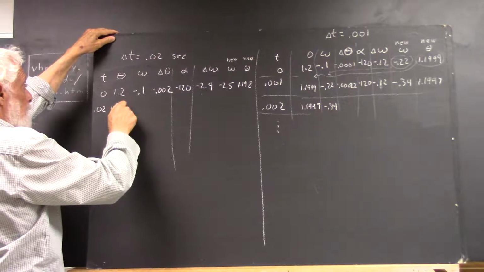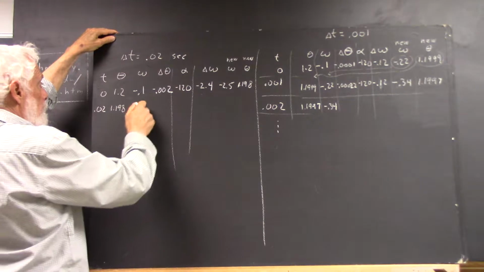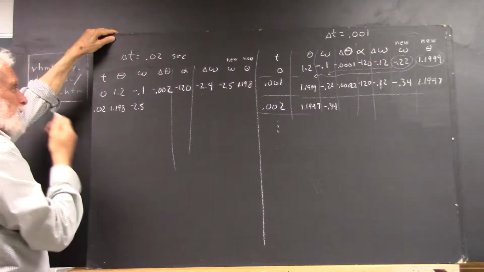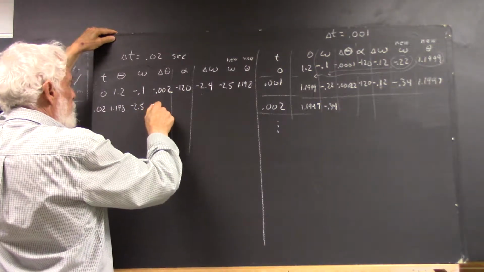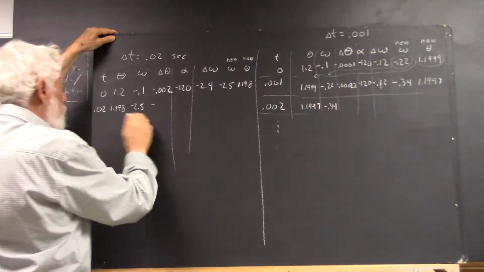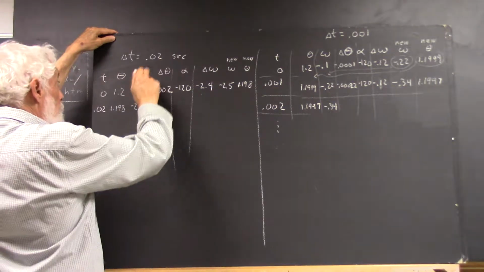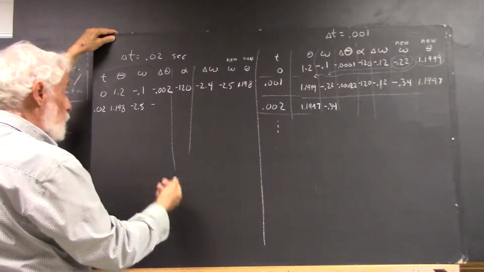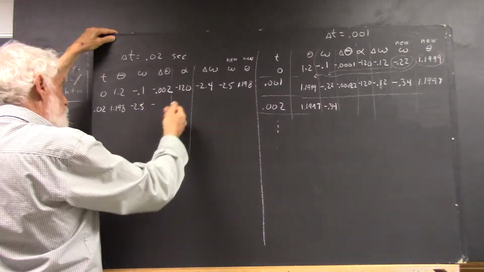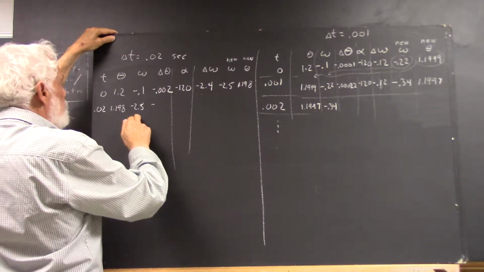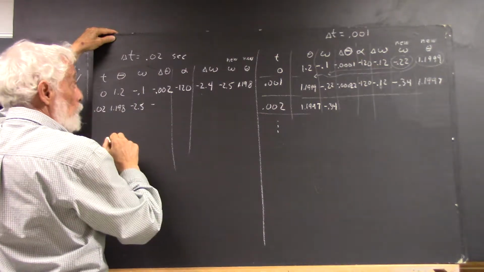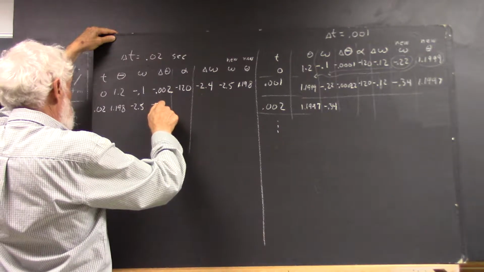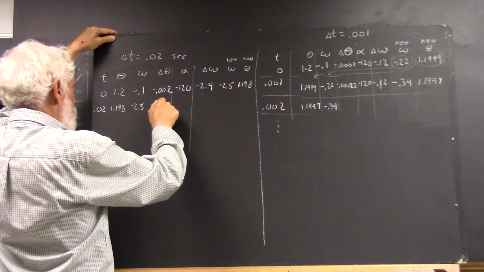So now t is 0.02 seconds. Theta is 1.198, not much change there. Omega is -2.5, now that's a pretty good size change. Then we have to calculate delta theta, multiply omega by delta t. And this is not a rote process. Again, you want to keep thinking about why you're doing what you're doing, but this is the way it goes. So -2.5 times 0.02 is -0.05.